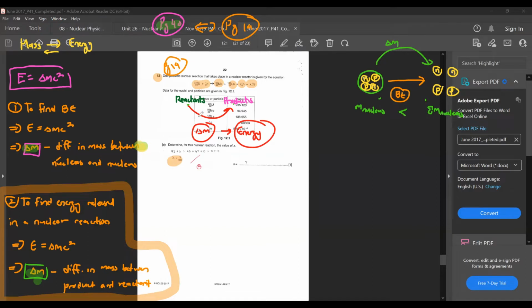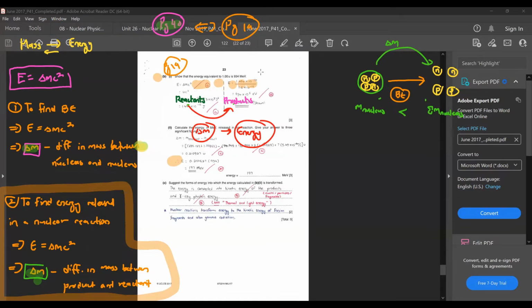Then the subsequent question asks you to find out the energy release in the reaction. If you look at the next page, they asked you to find out the energy release in this reaction and give your answers to 3 SF.